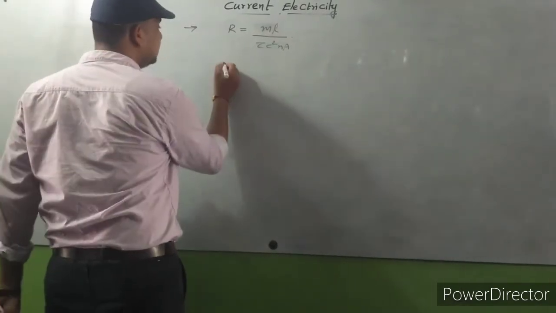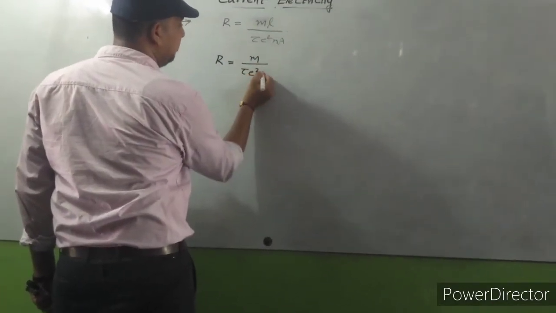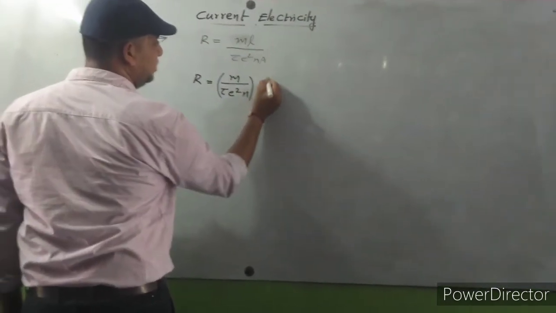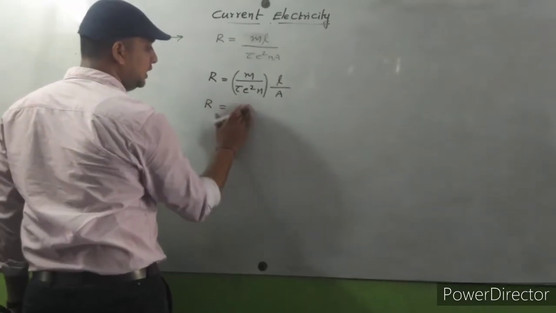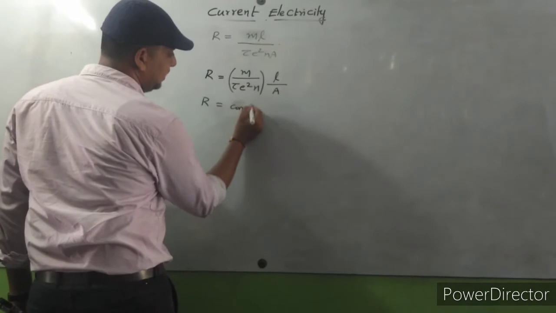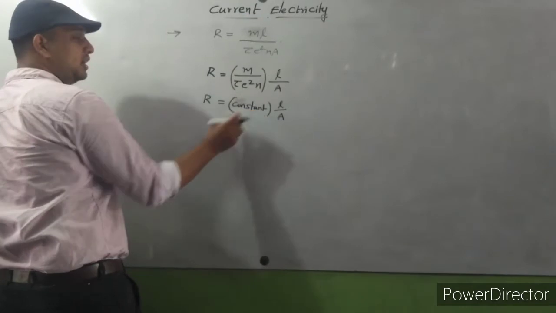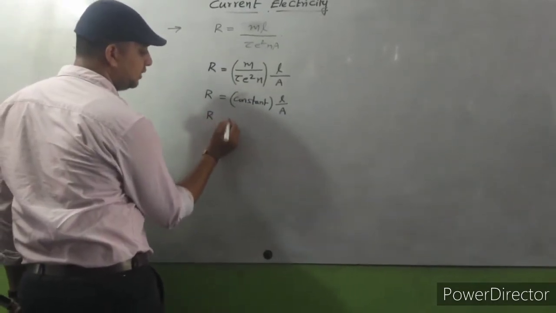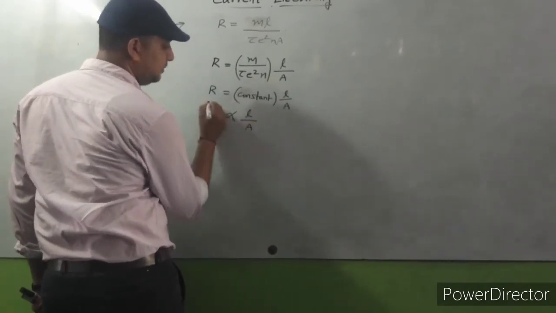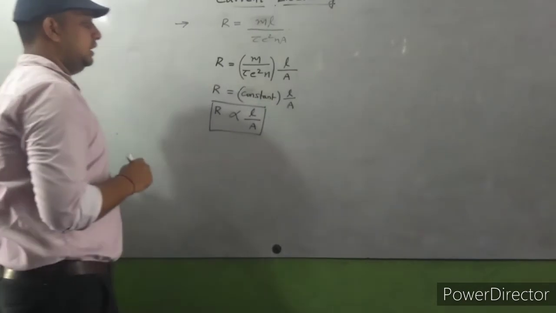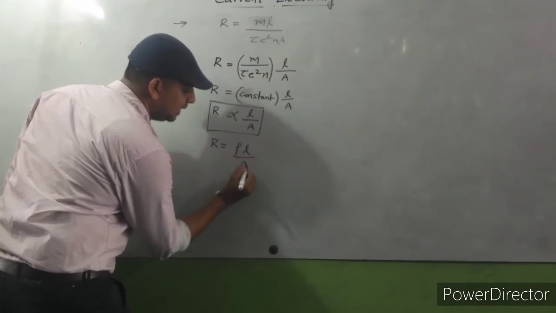If you write this like this, resistance R is equal to m by tau e square n into L by A. This value is constant, into L by A. That means resistance is directly proportional to L by A. This constant can be written as R is equal to rho L by A.